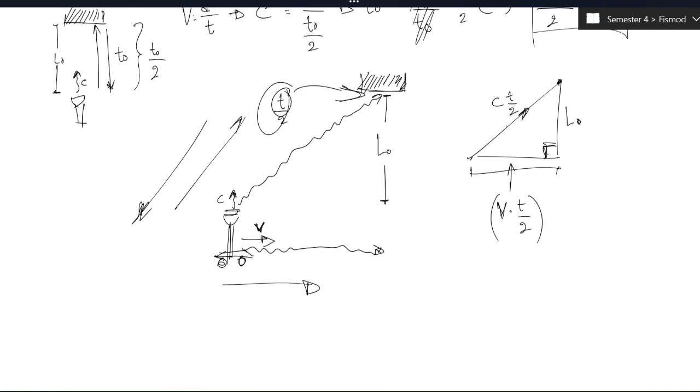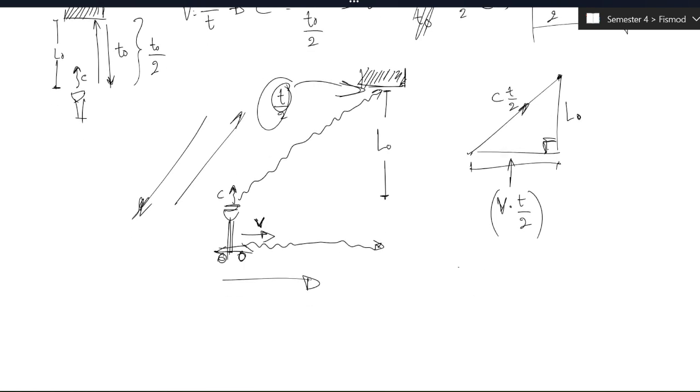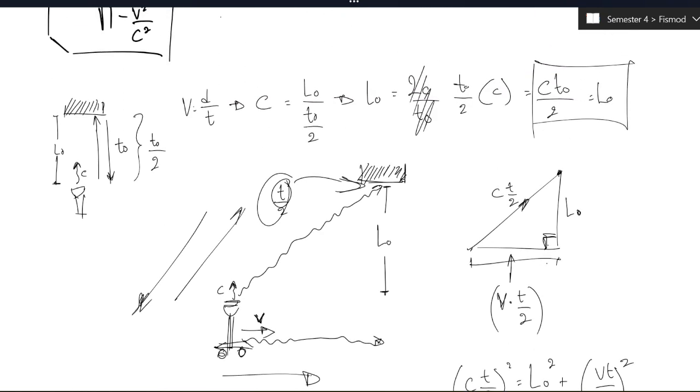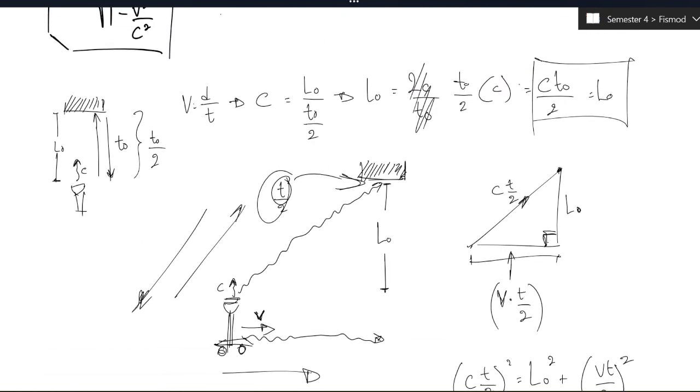Right, using the Pythagorean theorem, we would have the equation (cT/2) squared equals (L0) squared plus (vT/2) squared. But remember that we know what L0 is. L0 is just this thing, right?